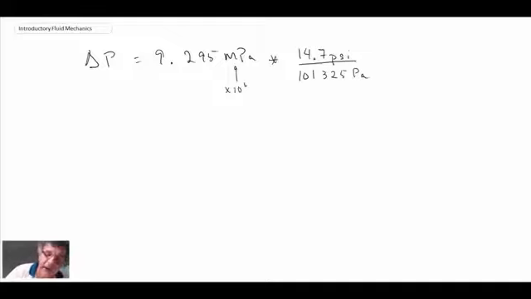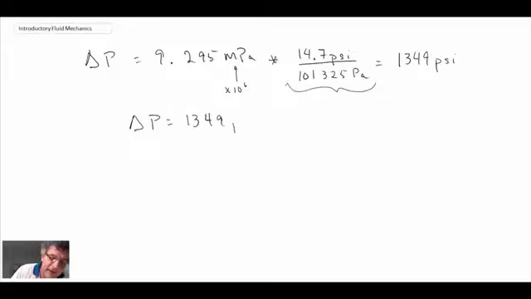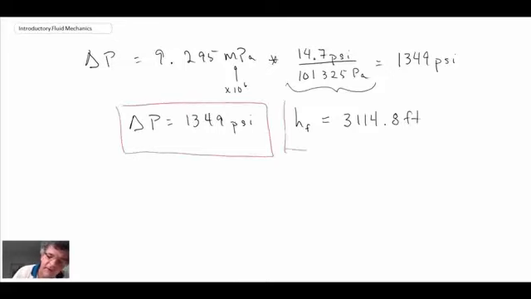But when we do that, we get 1349 PSI. And this is the conversion, basically what we have for atmospheric pressure in either pascals or PSI. So with that, we get delta P is equal to 1349 PSI. And we get the head loss due to friction in the pipe is 3114.8 feet. So that gives you an example of calculating pressure drop in turbulent pipe flow.